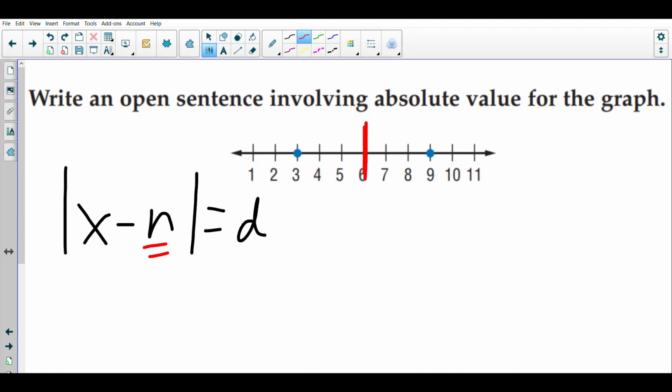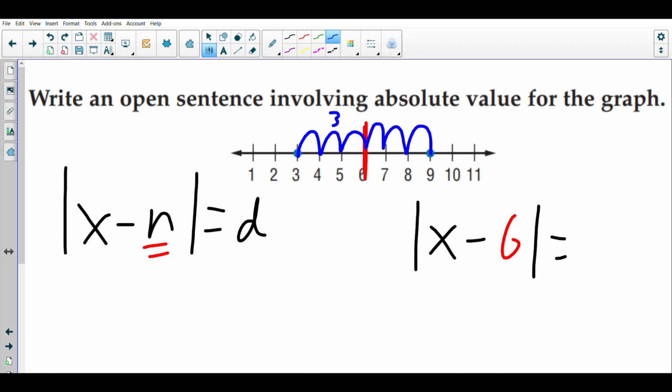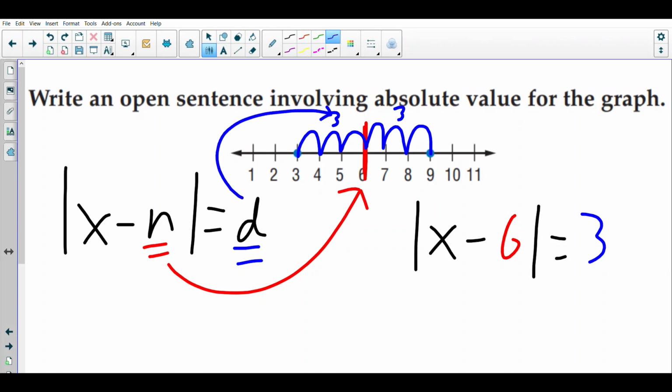So it's going to be the absolute value of x minus that number, in this case 6, is equal to, now we're just going to count the units, 1, 2, 3, so that's how I found the middle, and that distance is going to be 3. That's literally how you do it every time. That is the open sentence.